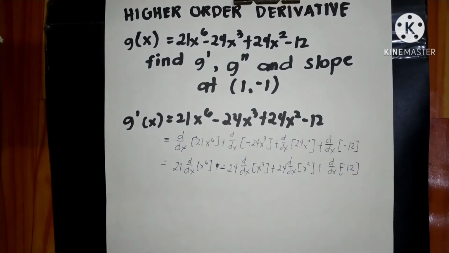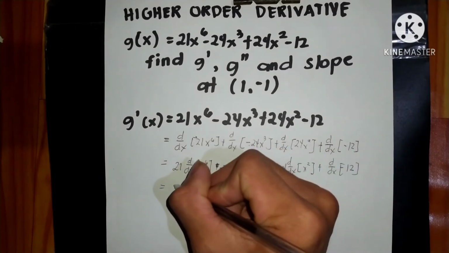So, differentiate using power rule, which states that d over dx of x raised to the power of n is n times x to the power of n minus 1. So, ganito ang gagawin natin.